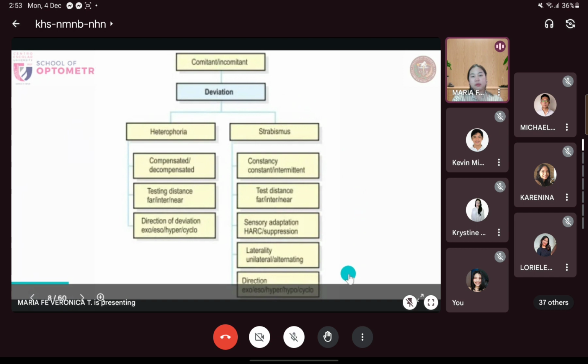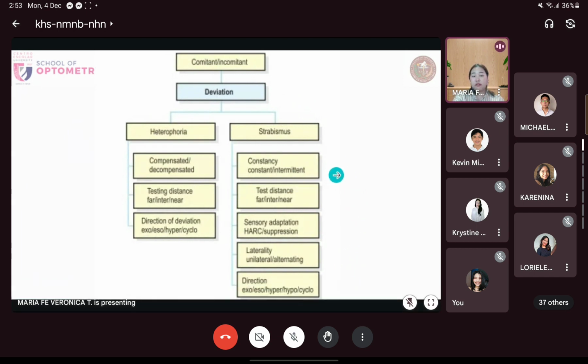For strabismus naman, mas marami lang siyang classifications. It can be based on its constancy, if it's constant or intermittent. It can also be based sa test distance niya, if the strabismus is present at far, at intermediate, or at near distance. Pwede rin natin siyang i-base sa sensory adaptation, is there a HARC, which is harmonious anomalous retinal correspondence, or if there is suppression.